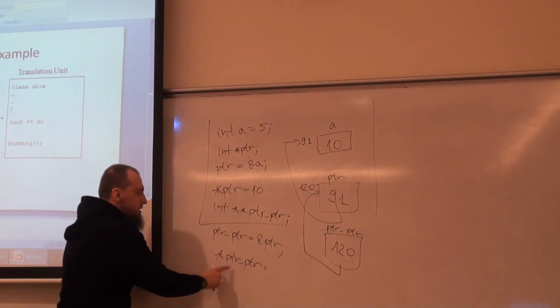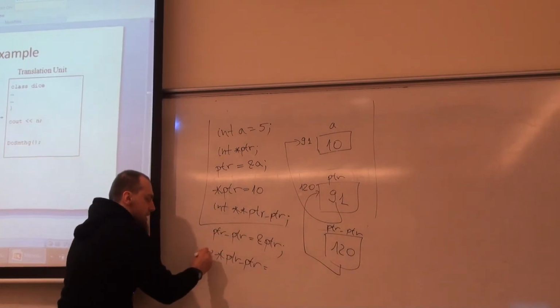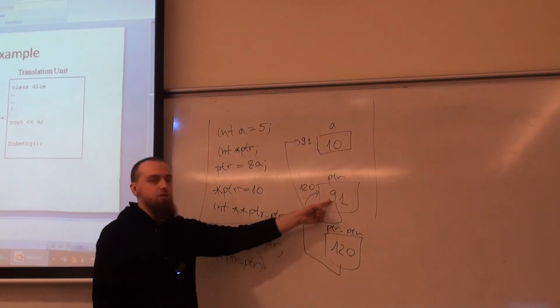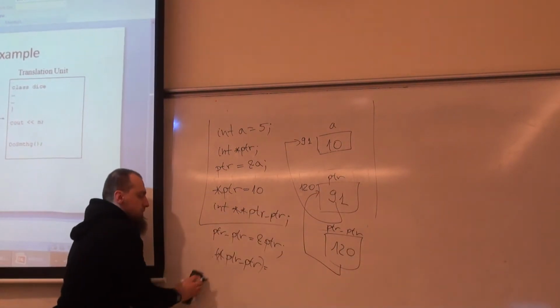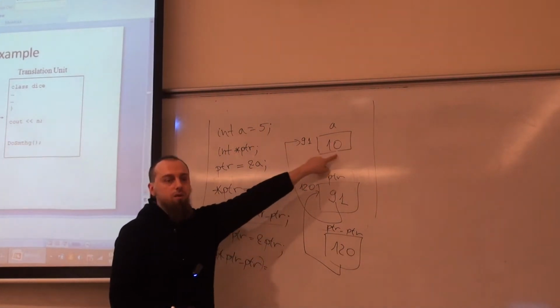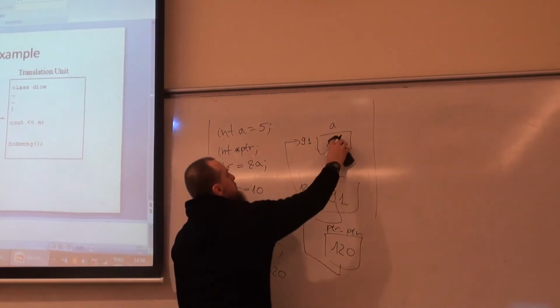Star ptr is 91. Another star. So with this, I'm in 91. With this star again, where am I? I'm here. And if I say that that is 20, then I'm going to change it to 20.